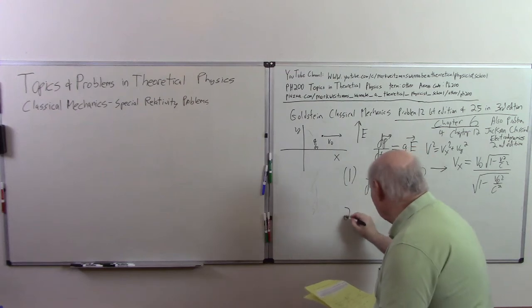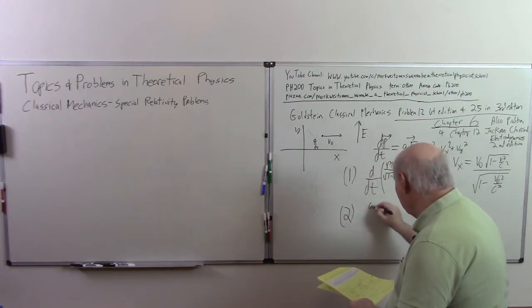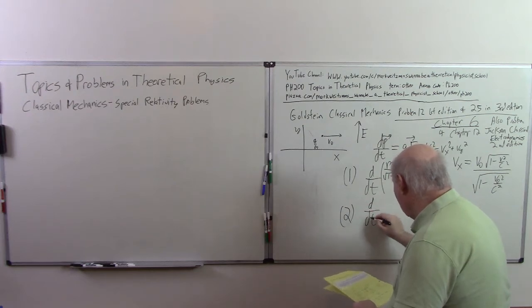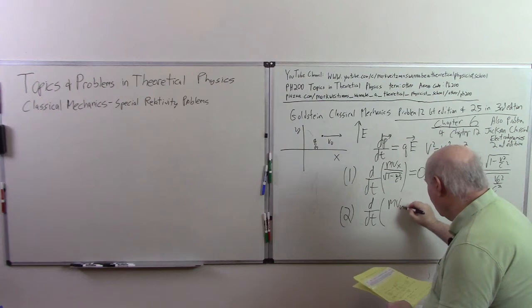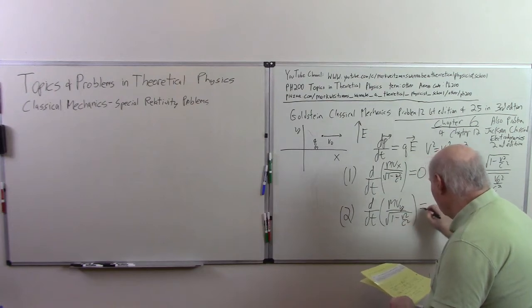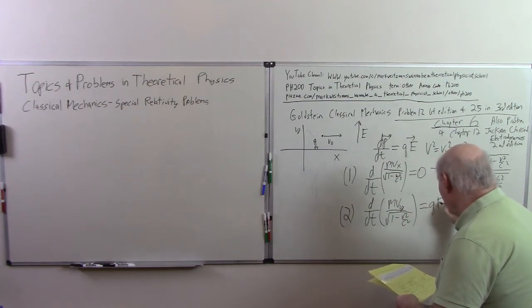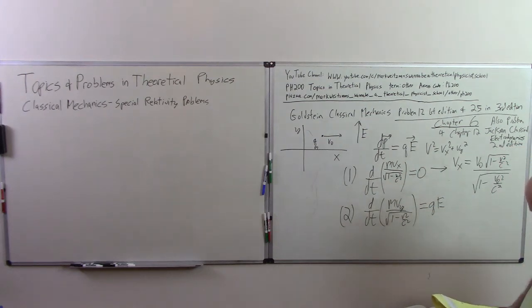And now our second equation, I'm just going to write the force equation in the y direction. It's basically the same thing. d/dt of m vy over the square root of 1 minus v squared over c squared equals qE, because we have an electric field in the y direction.